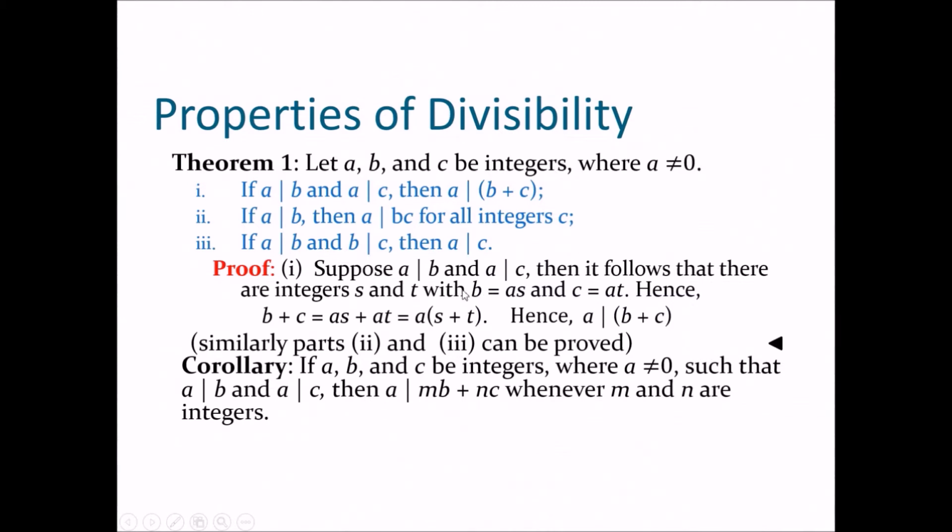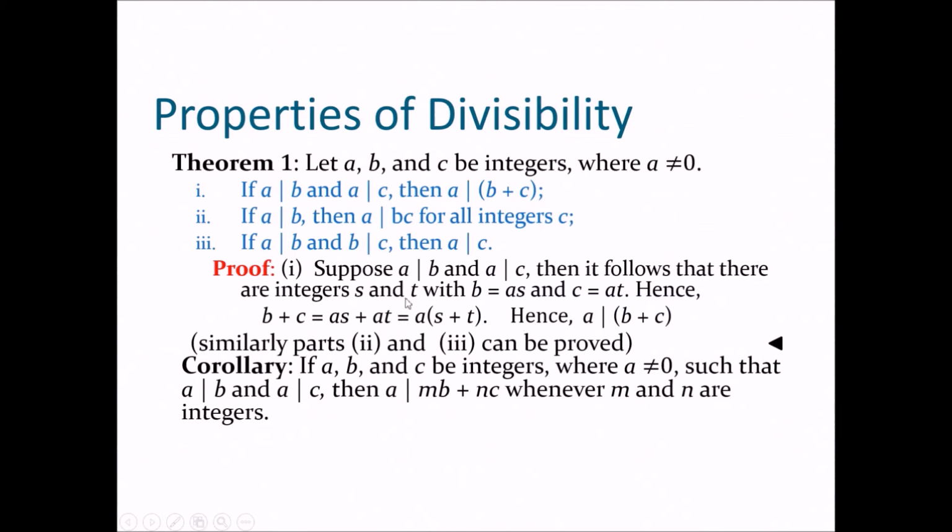Now the sum b plus c is as plus at. Let's factor out a, and we have s plus t inside, so a multiplied by s plus t. Since s is an integer and t is an integer, s plus t is also an integer, so b plus c is equal to a multiplied by some integer, and this implies a divides b plus c.